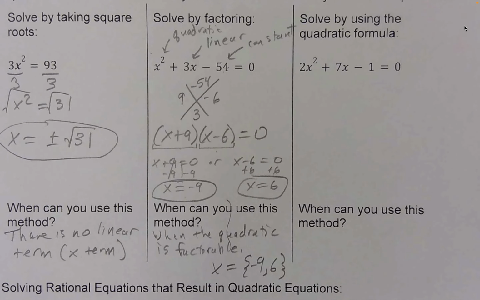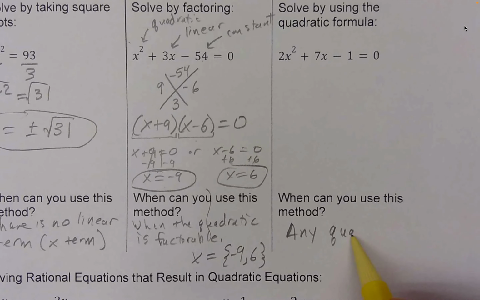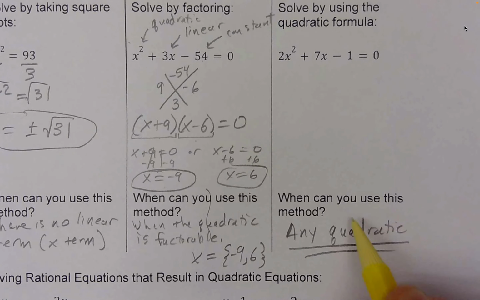The quadratic formula, in fact, let's answer this question first. When can you use this method? You can use it for any quadratic. So this works anytime. If you'd rather just have one way to do it, fine, use the quadratic formula. You could have even used the quadratic formula here.